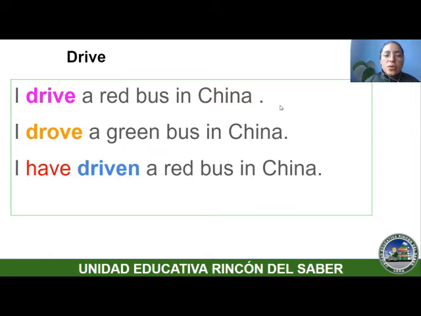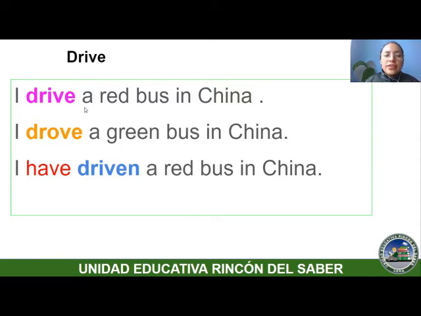Remember, when you use an adjective in a sentence, first you have to write the adjective, and then you have to write the noun. In this case, the noun, bus. ¿Ok? Recuerden, cuando nosotros vamos a utilizar un adjetivo, primero escribimos el adjetivo y después el objeto, el sustantivo.